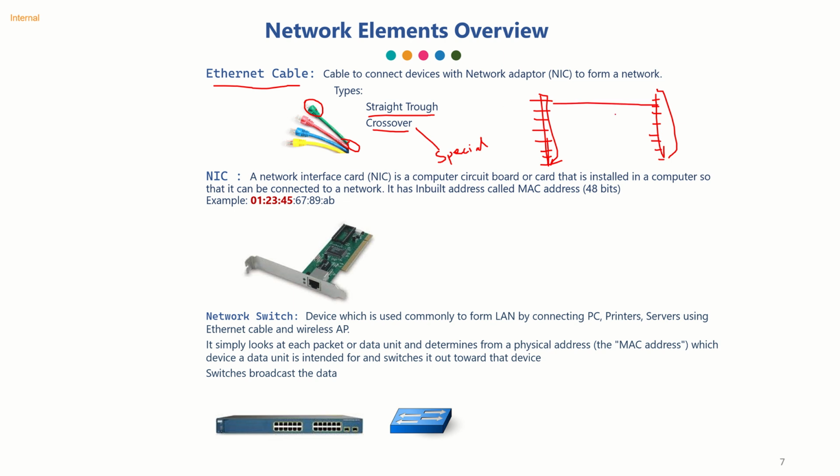If it is straightly connected, from 1 to 1, 2 to 2, until 8 to 8, it's called a straight through cable. In case of a crossover, some wires will go to the other port, like 2 to 3 or 3 to 2, and there is a standard which defines how the crossover cabling pins should be.